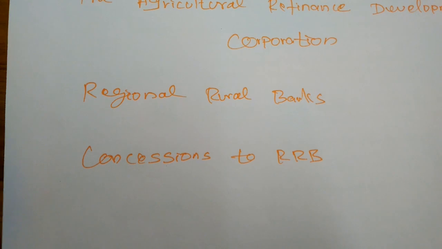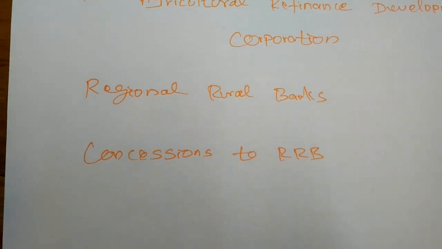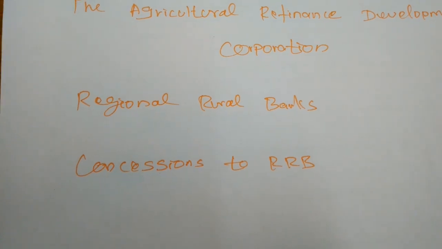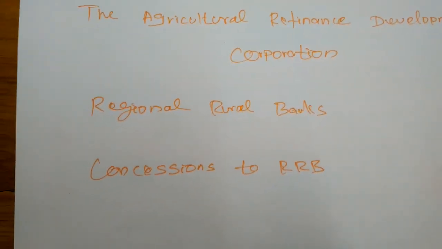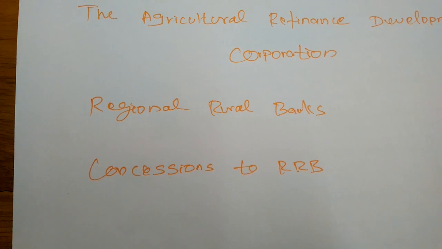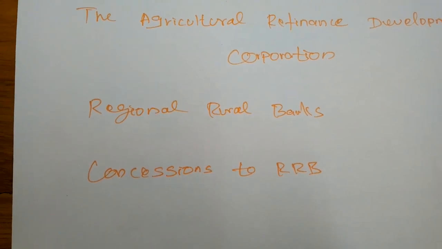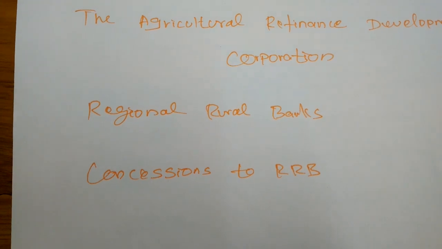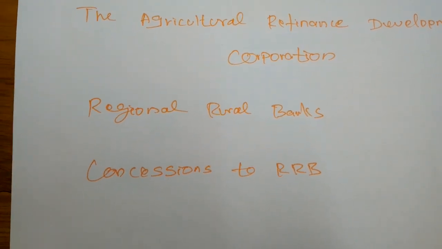The agricultural finance development corporations provide long-term and medium-term loans to the farmers with the aim of bridging the gap in agricultural finance and extending credit for projects involving agricultural development, and these organizations are called the Agricultural Refinance Development Corporations.